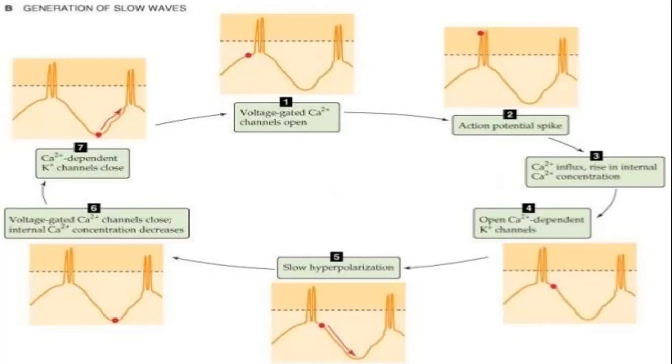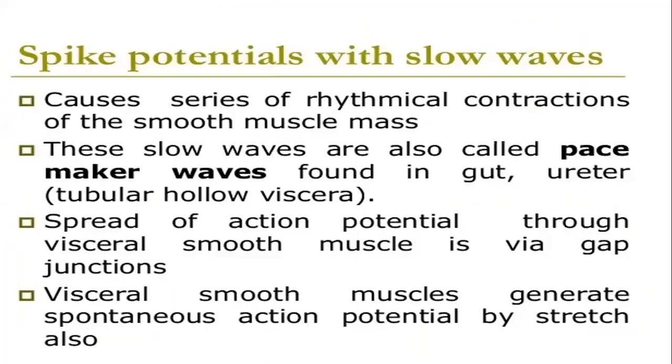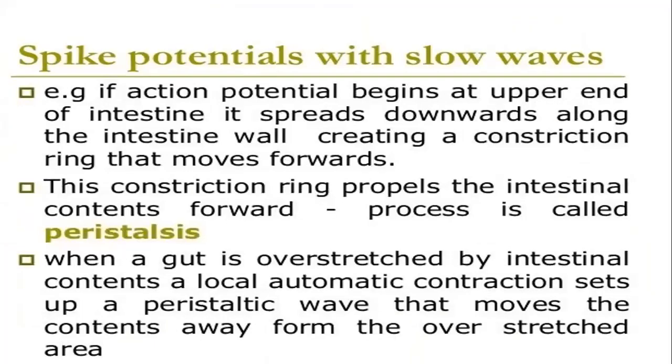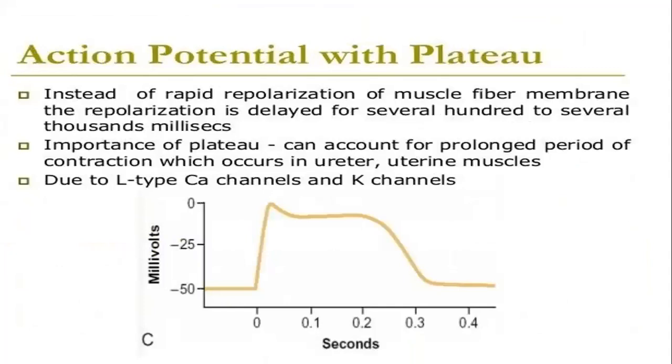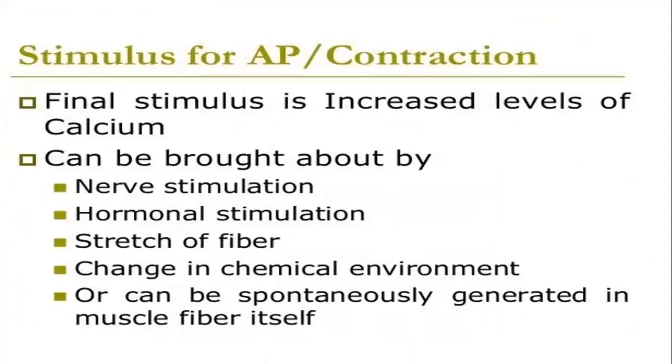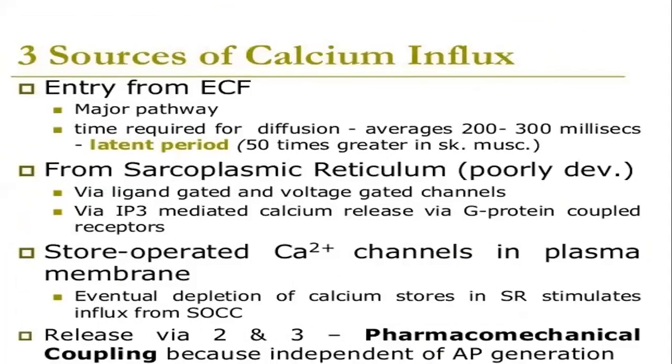Again, the voltage gated calcium channels start opening. So this is the generation of slow waves. This is the picture of generation of slow waves. So this is the picture of an action potential with a plateau, which we have already discussed.